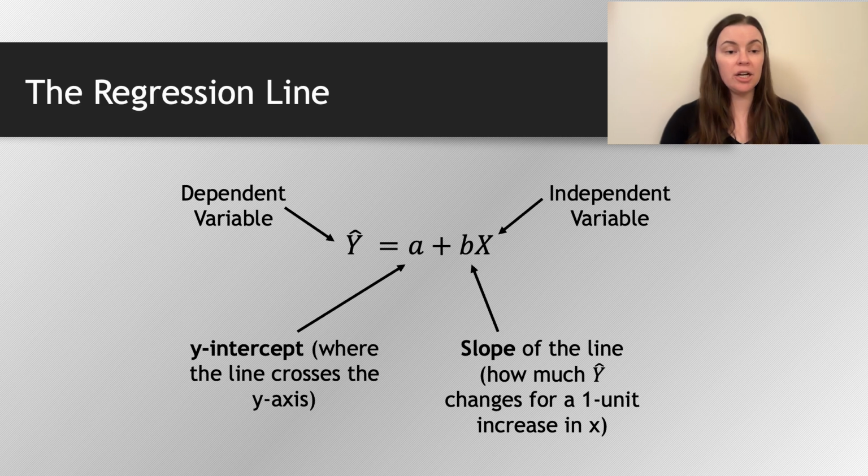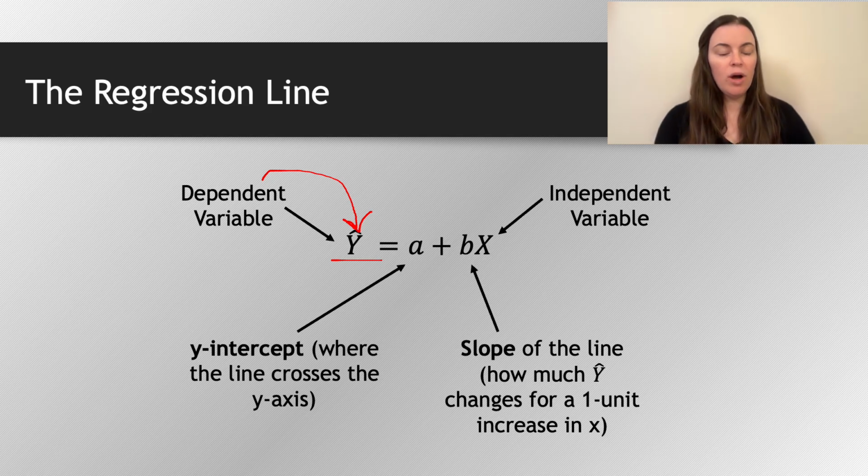What we're looking at here is first our Y hat, which represents our dependent variable. So obviously this is going to depend on the context of the problem. And so I won't go any further than that for the concept of this base formula. What you see here is our alpha. This is our y-intercept, or in other words, where the line crosses the y-axis.